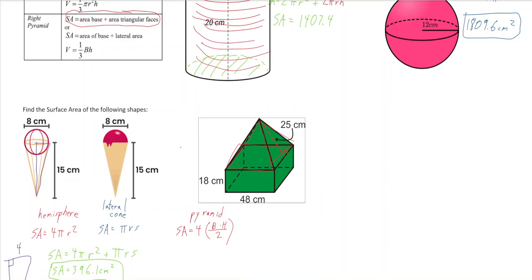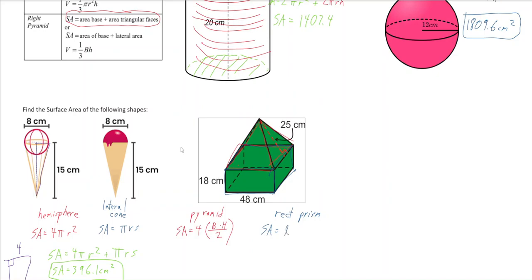Now the second part is this part here, which is a rectangular prism. Okay, so the surface area for that is normally 2 times whatever, 2 times whatever, 2 times whatever, but we're not including the top of it because it's covered up by the pyramid.